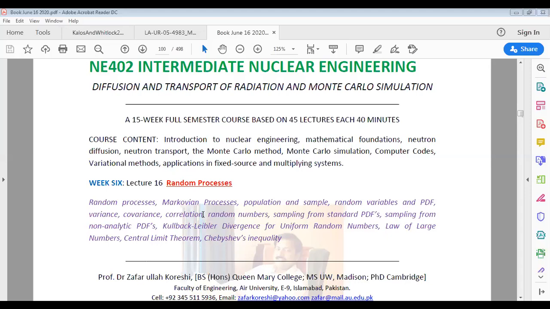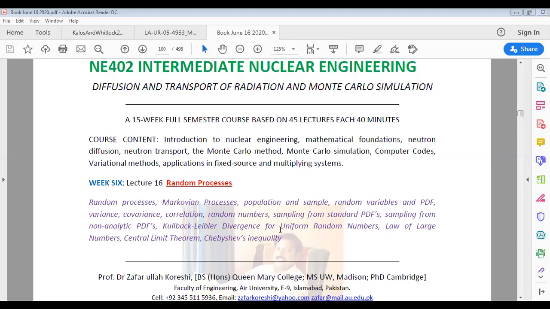So today I'll start lecture number 16 and I'll look at random numbers. How do you sample from standard PDFs and how do you sample from non-analytic PDFs? How do you measure the distance between two PDFs? And that is the Kullback-Leibler Divergence.